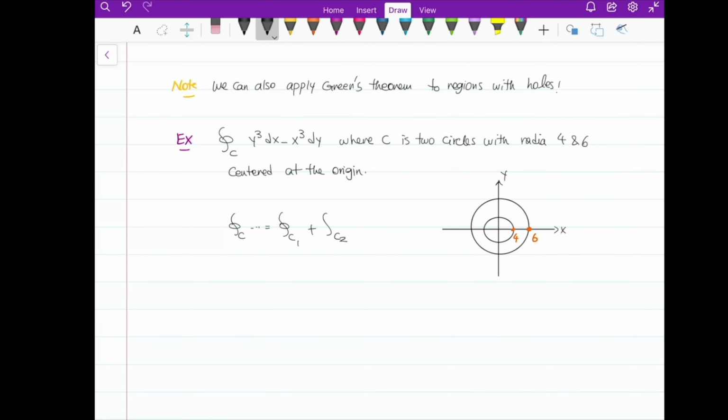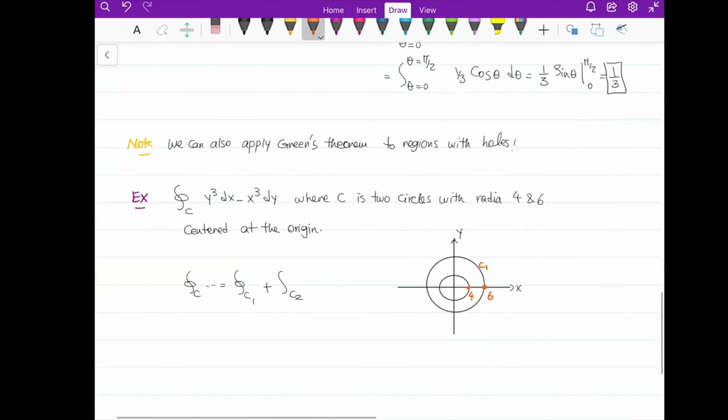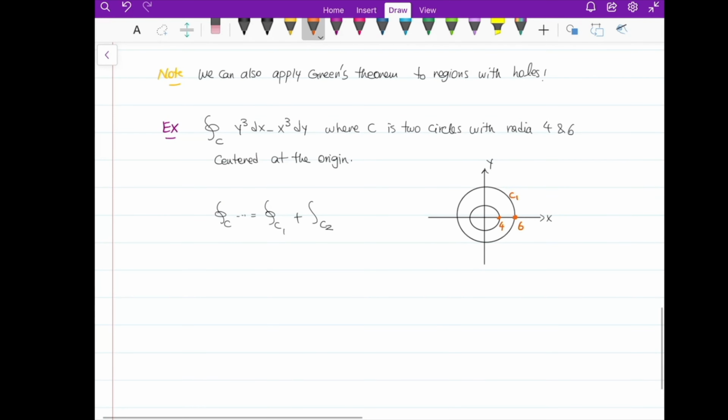Okay, so how do I orient the curves? If I want to use Greens theorem in here, so this is C1, this one is C2. Okay, I make C1 counterclockwise, so that the region R, that is the region in between these two, is on its left.